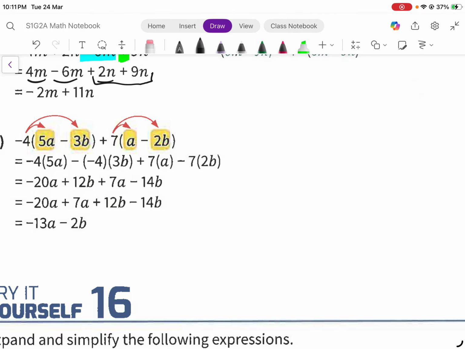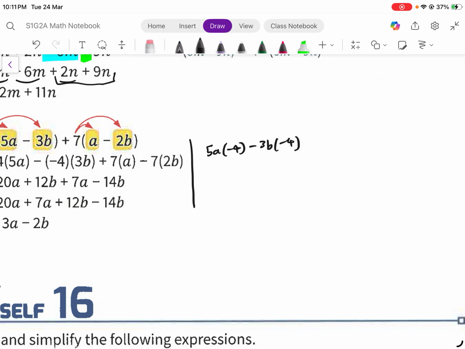Okay, next one. Okay, so same thing, you get 5a multiplied with minus 4 minus 3b multiplied with minus 4. Okay, then you get plus, when you multiply in, a multiplied by 7 minus 2b multiplied by 7.